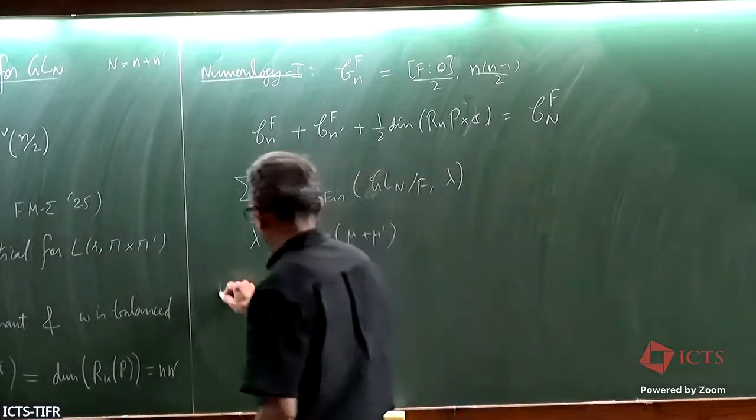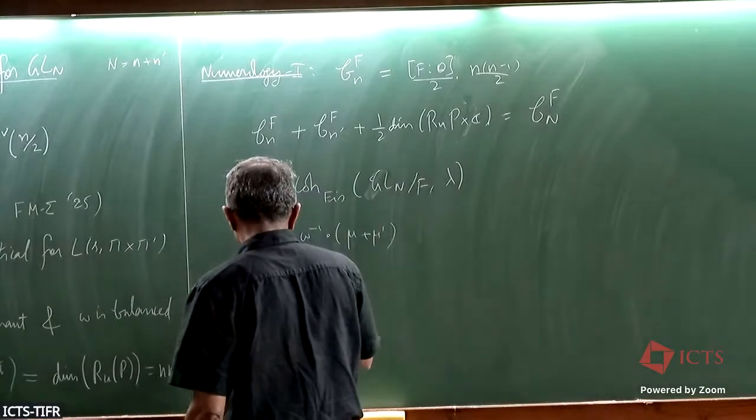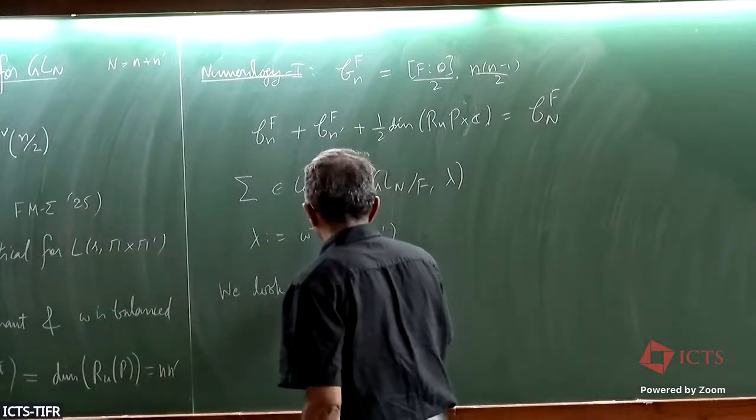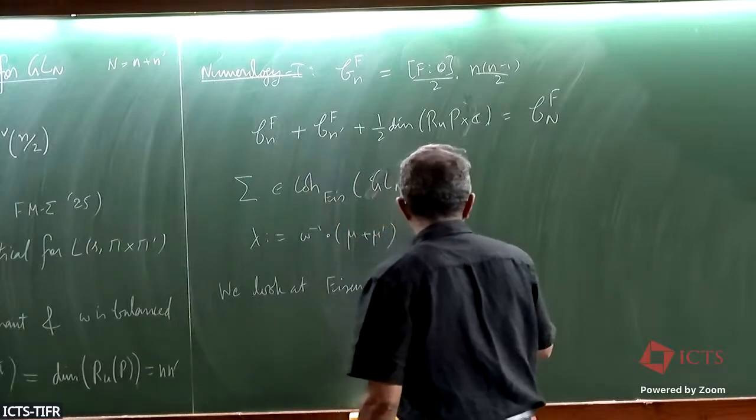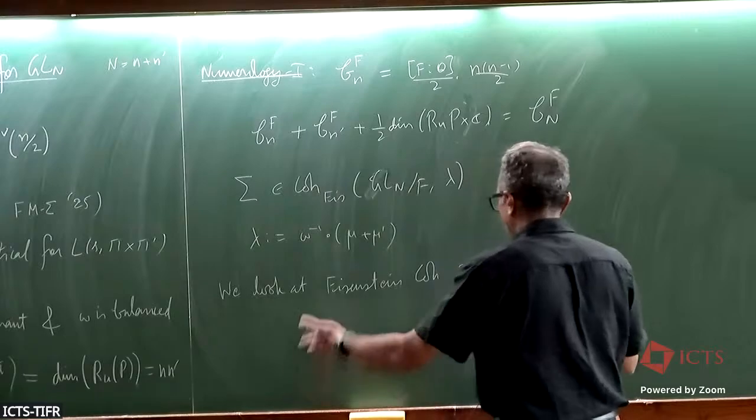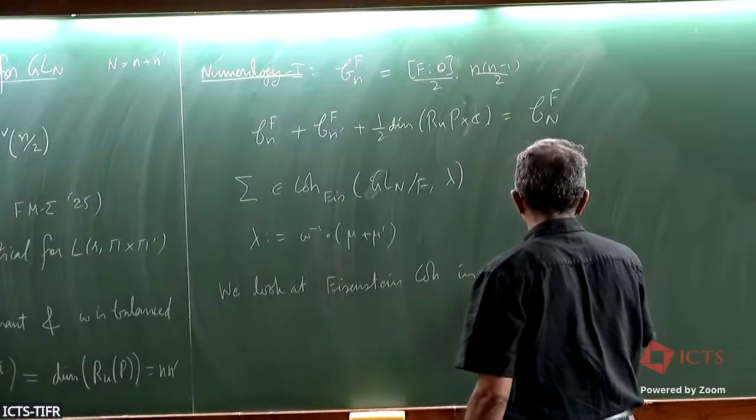So we look. The punchline is we look at this rank 1 Eisenstein cohomology for GL capital N in degree Bn.